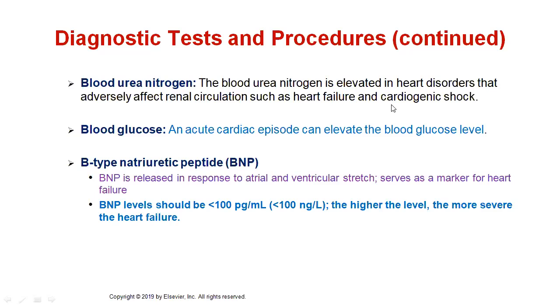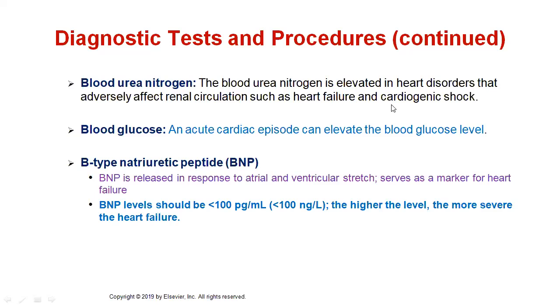If patient has a heart problem, we also check the blood chemistry like lipid profile, right? Triglyceride, cholesterol, everything. Blood glucose. Everybody knows if patient is a diabetic, blood glucose level goes up, right?